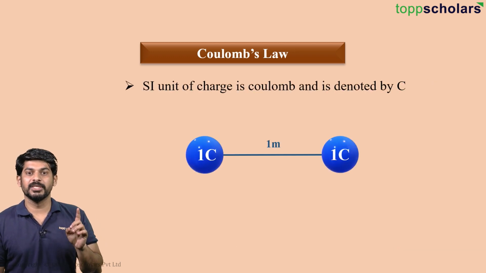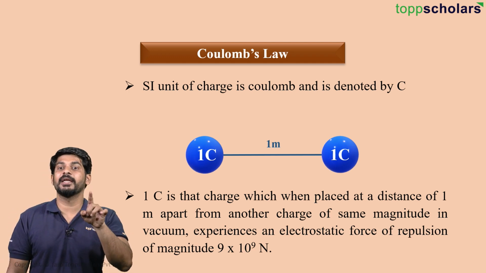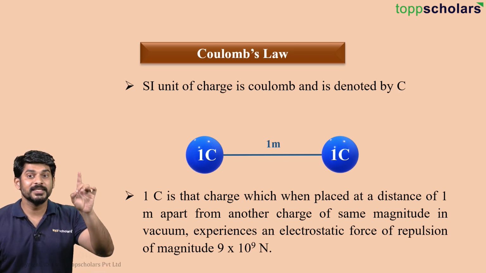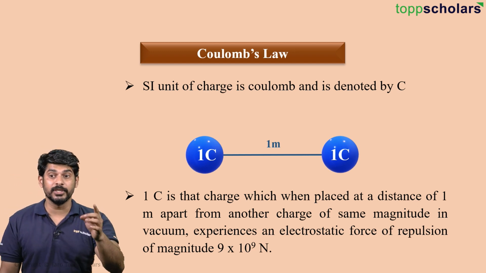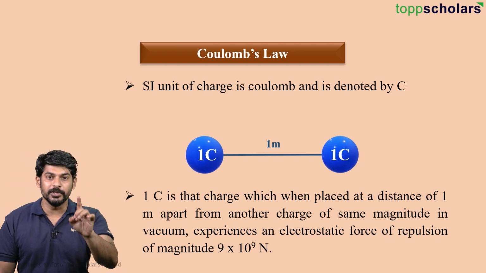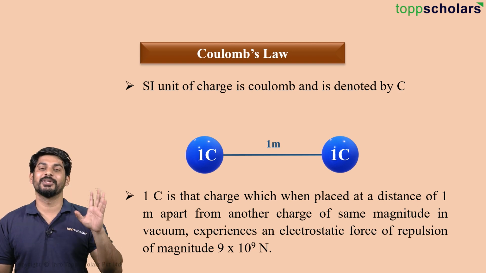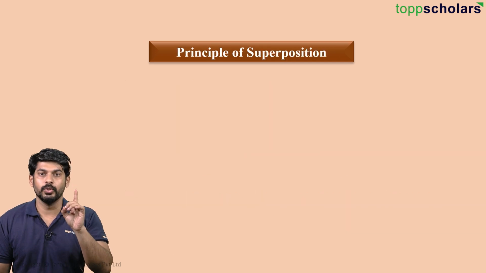Basically 1 Coulomb is that charge which, when placed at a distance of 1 meter apart from another charge of same magnitude in vacuum, experiences an electrostatic force of repulsion of magnitude 9 x 10^9 Newton. So this is a simple definition of 1 Coulomb.